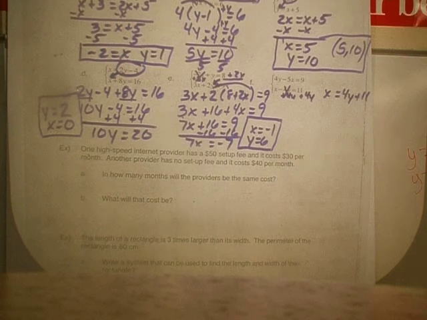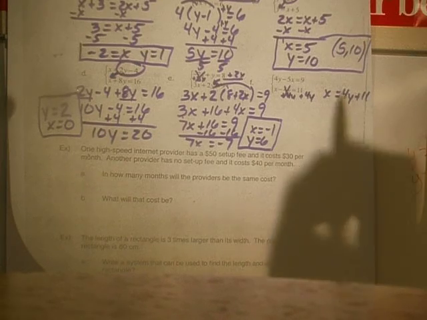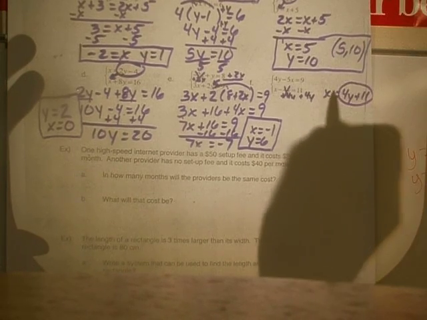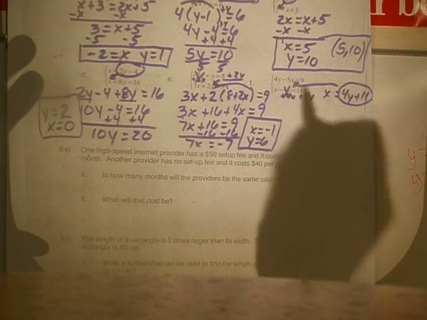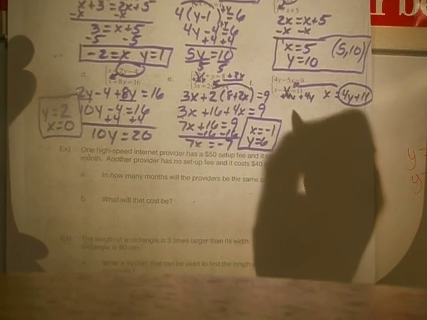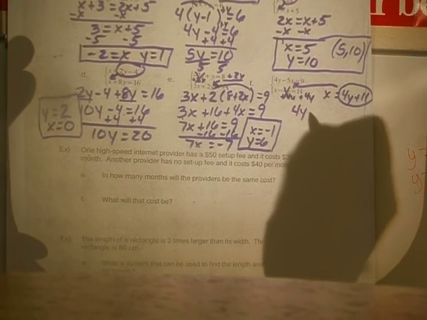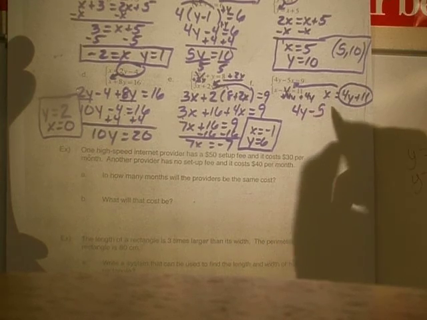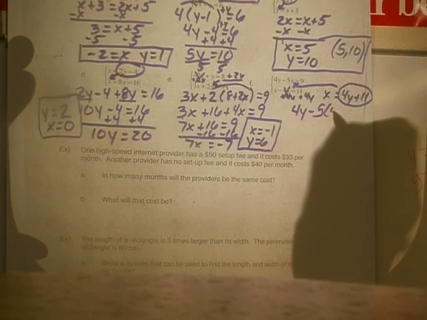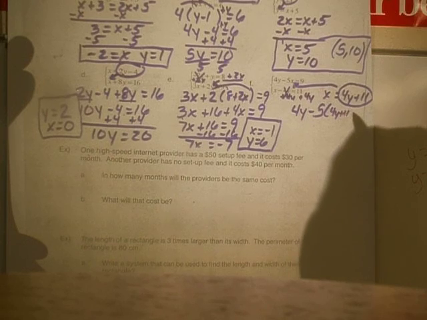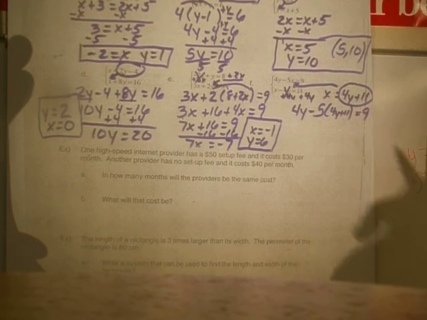And now that I have the x equals, I can put that into the other equation. I can take this and put it in place of the x, and I will have 4y minus 5 times 4y plus 11 equals 9.